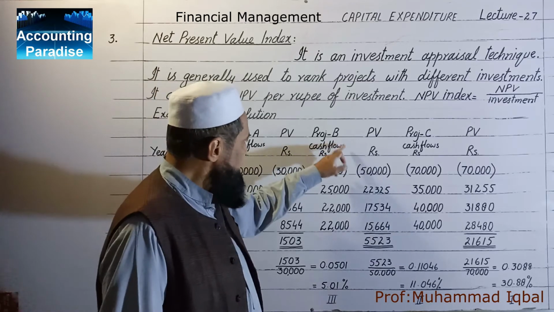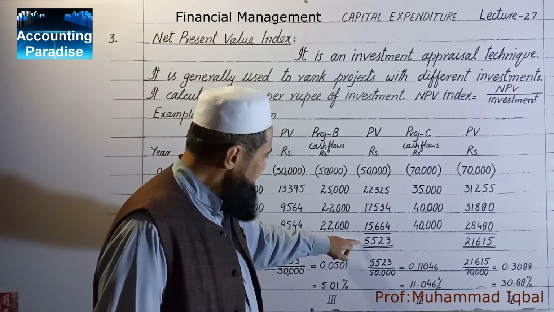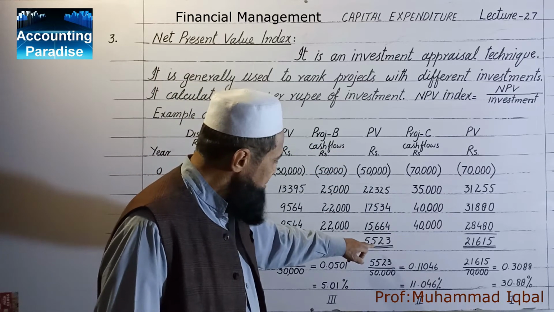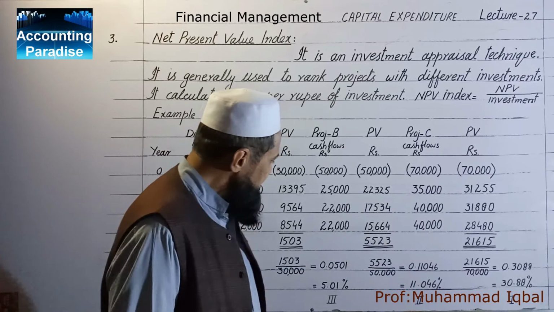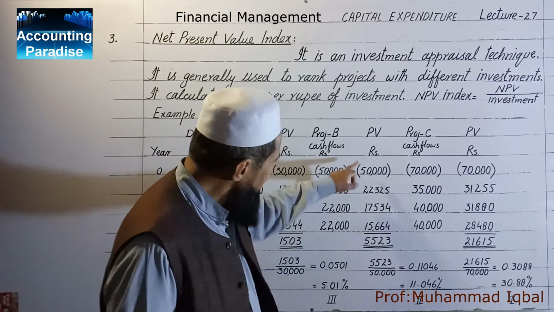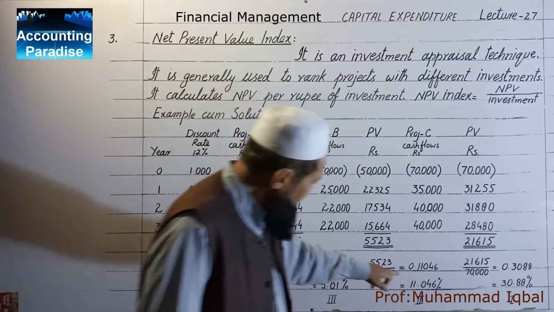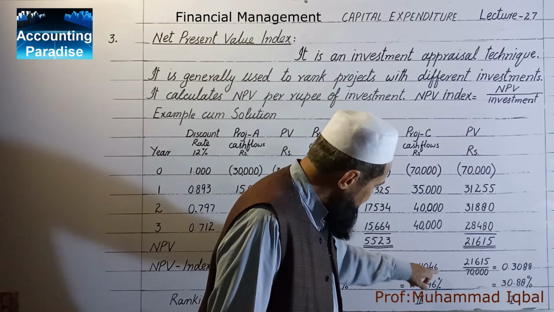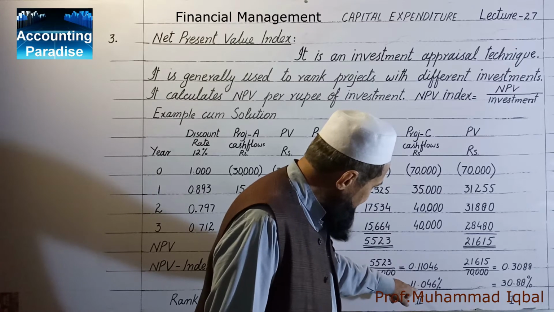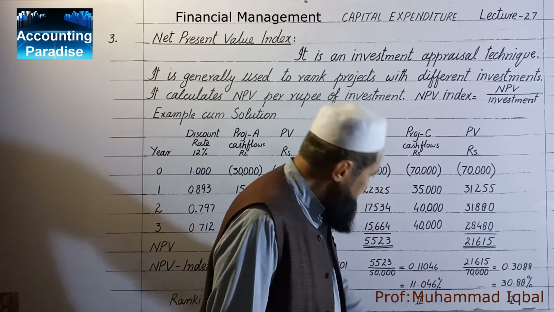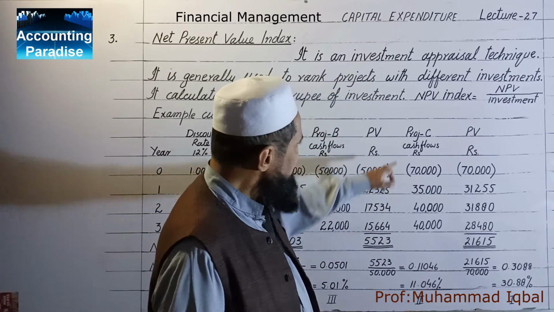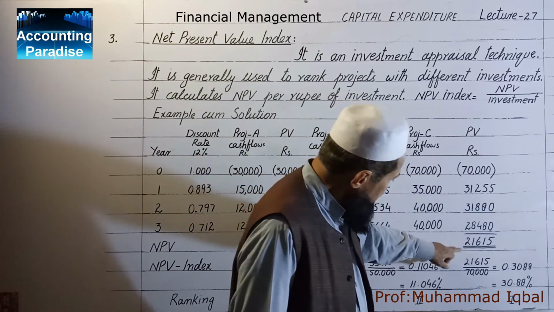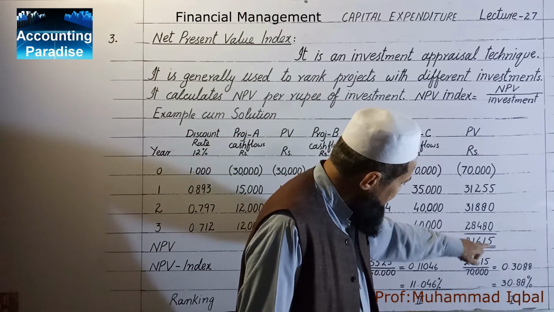In case of project B, the net present value is equal to 5523. When we divide it by the investment, we have 0.11046, which is equal to 11.046%. In case of project C, it comes to 21,615.